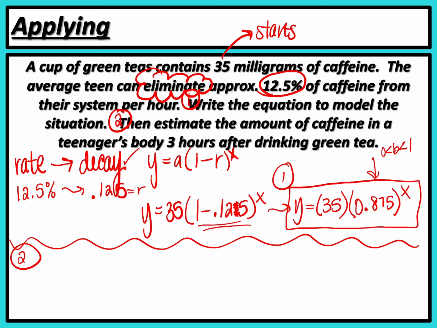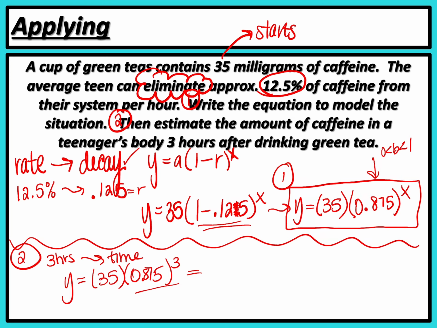It says estimate the amount of caffeine after 3 hours. Okay, so 3 hours is a time, and we know that time is always x. So we're going to plug that into our equation. Okay, you can plug that into your calculator exactly as it appears.